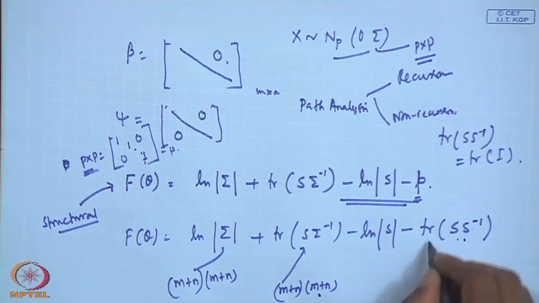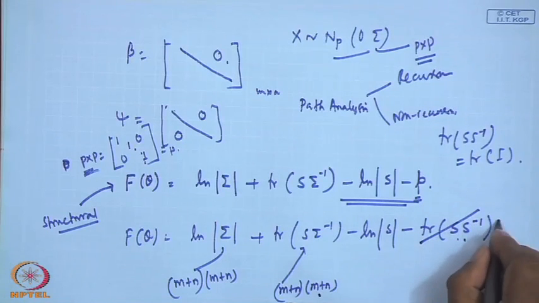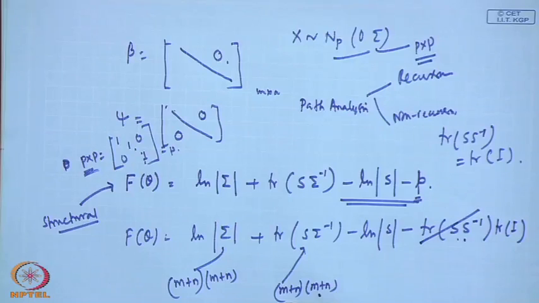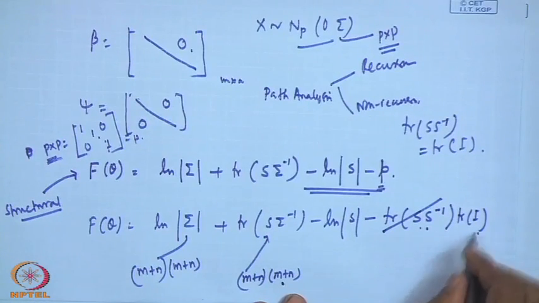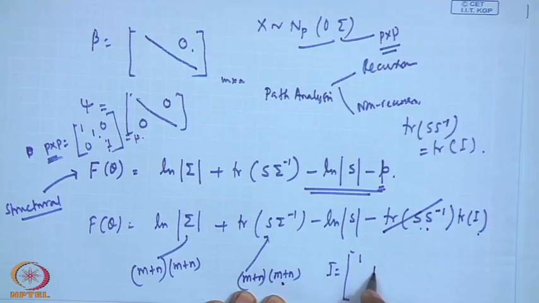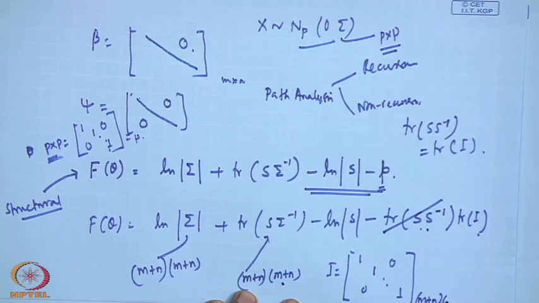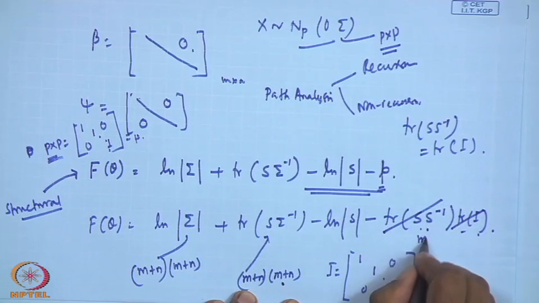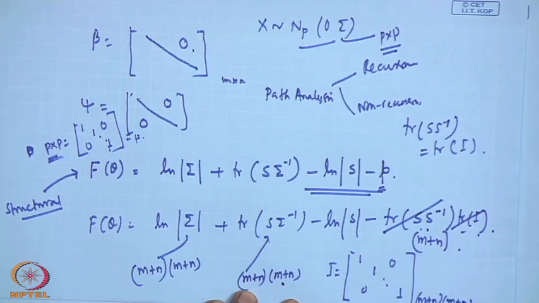So, that will be I again. So, I can write, if I write this one as trace of I, then I is a matrix something like this, of diagonal elements are 1, off-diagonal 0, which is m plus n cross m plus n. So, trace of this is m plus n.